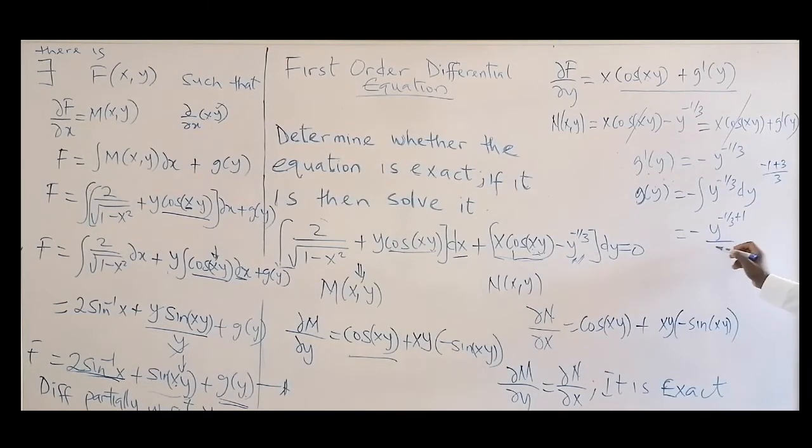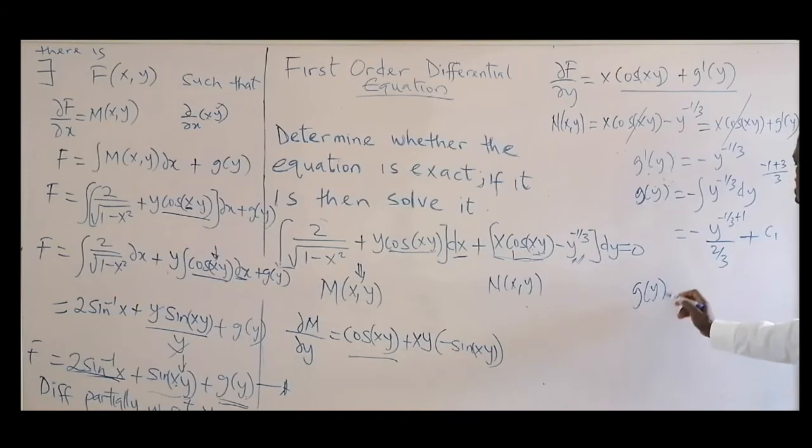So over 2 over 3 here, plus C1. The C1 is just the constant of integration. Is equal to minus y to the 2 over 3. This fraction here, there's 1 here, so it's going to flip upside down. You have 3 over 2 plus C1. So that's g of y.